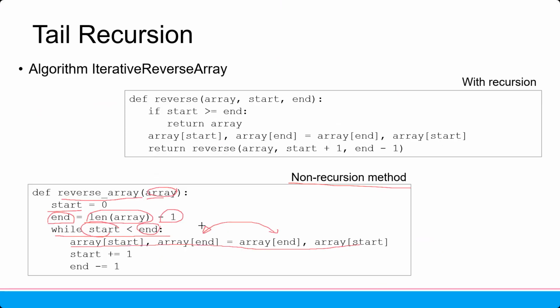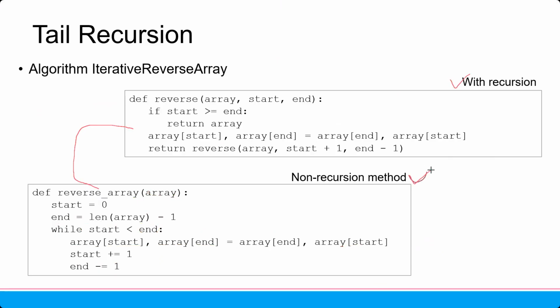So we do the swap, and then start will be added by 1 and end will be minus by 1. So those two are giving the same result, but this one is with recursion, and this one is with non-recursion.